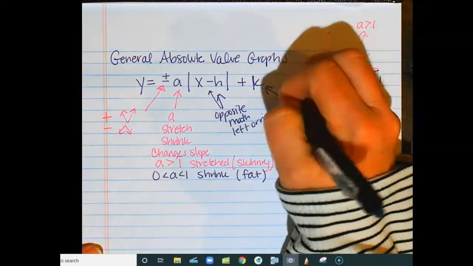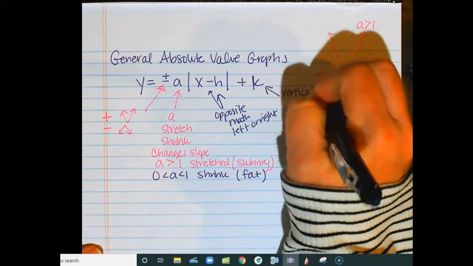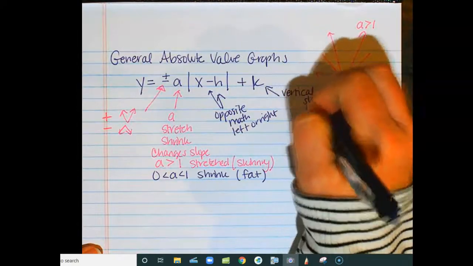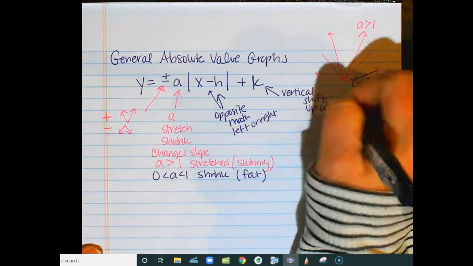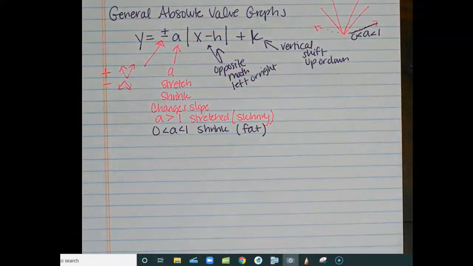So this is the vertical shift. So it goes up or down with those numbers. So I'm going to need you to put that somewhere for your homework so you can reference it.